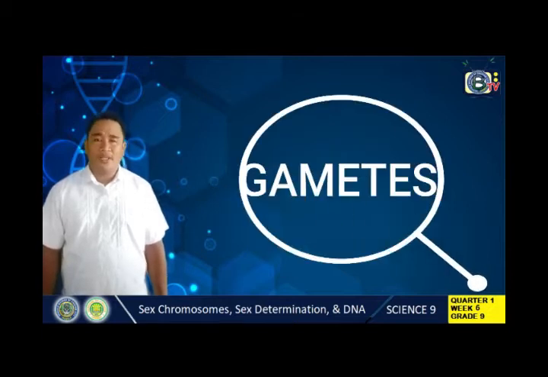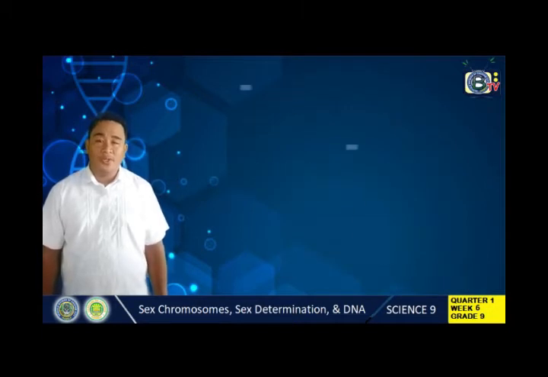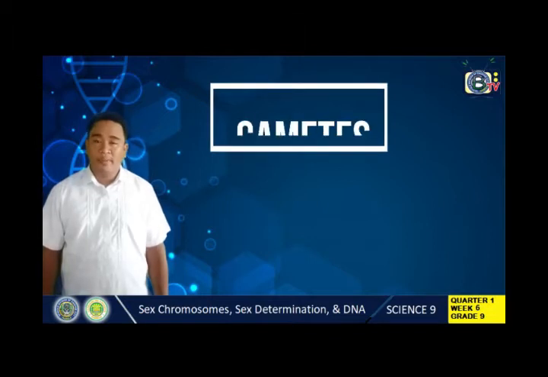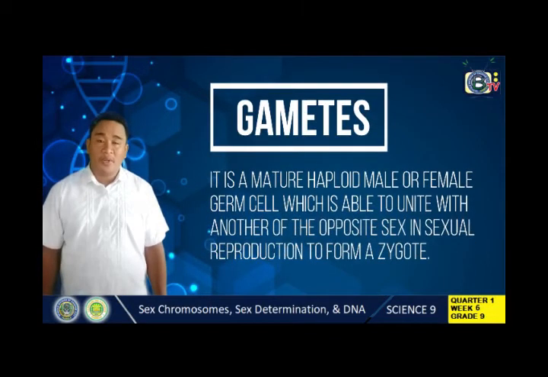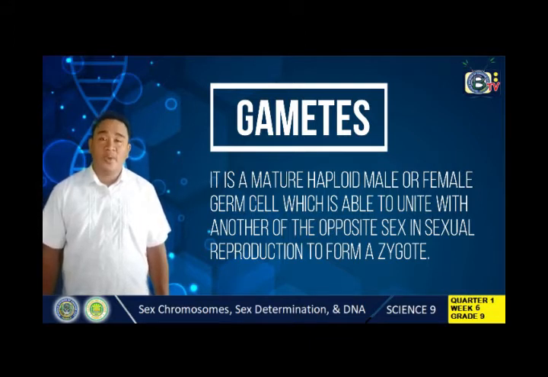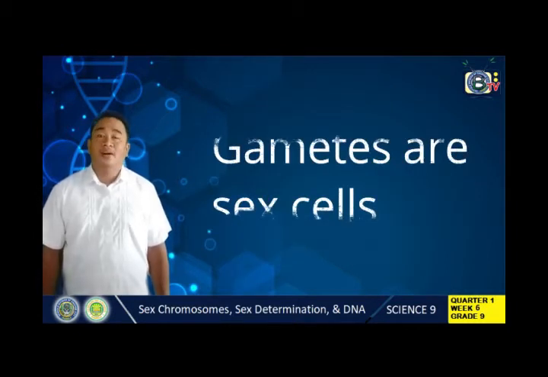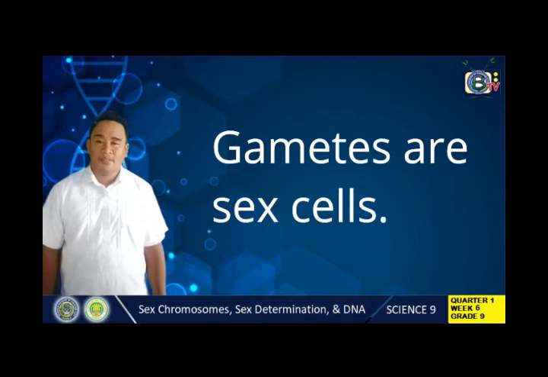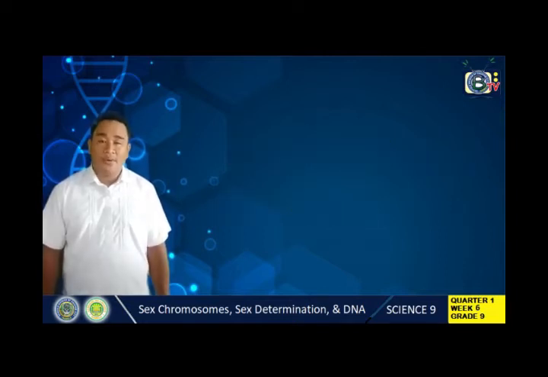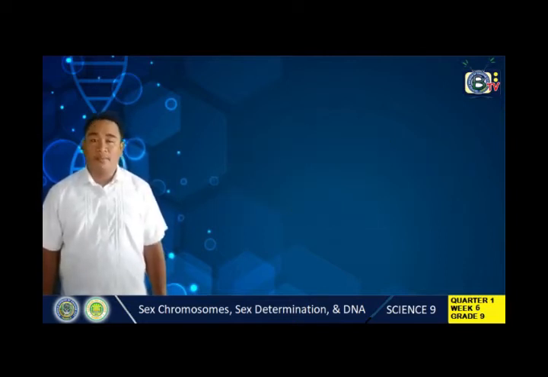But what is a gamete? It is a mature haploid male or female germ cell which is able to unite with another of the opposite sex in sexual reproduction to form a zygote. Meaning, gametes are sex cells. So, this is how gametes are formed.